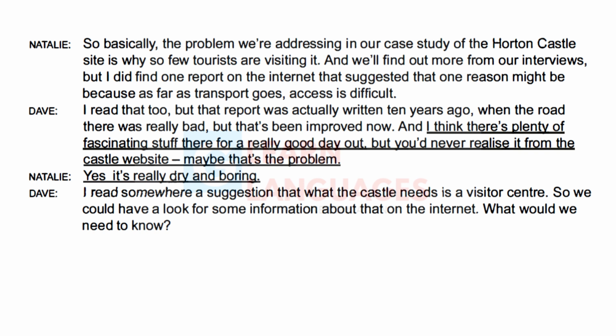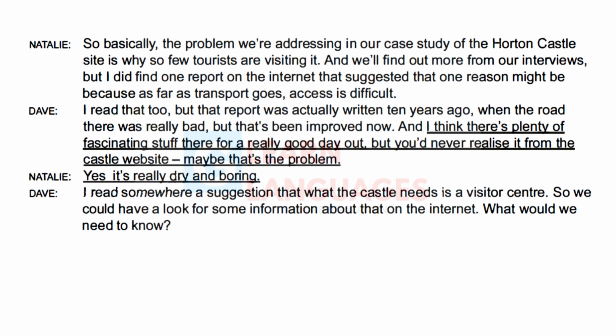I read that too, but that report was actually written 10 years ago when the road there was really bad, but that's been improved now. And I think there's plenty of fascinating stuff there for a really good day out, but you'd never realise it from the castle website. Maybe that's the problem. Yes, it's really dry and boring.